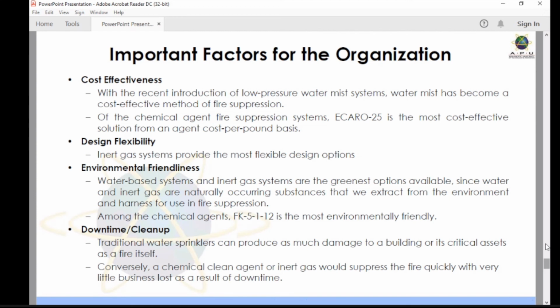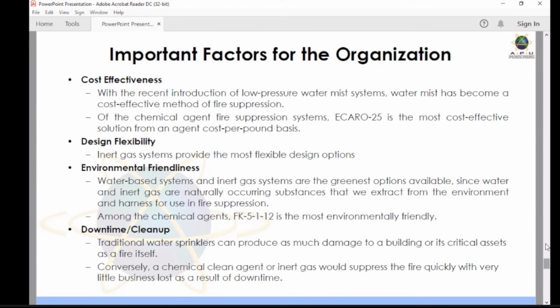Conversely, a chemical clean agent or inert gas would suppress the fire quickly with very little business loss as a result of downtime. If you use gas or chemical or inert gas instead of water on critical assets, the fire would be put off quickly, and there is no additional damage to assets as there would be if you had used water.